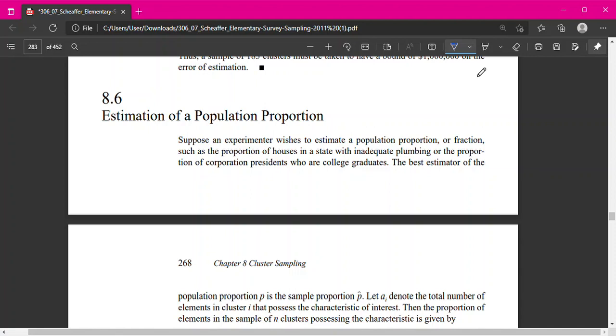As usual, you know how to estimate the mean and total before this.